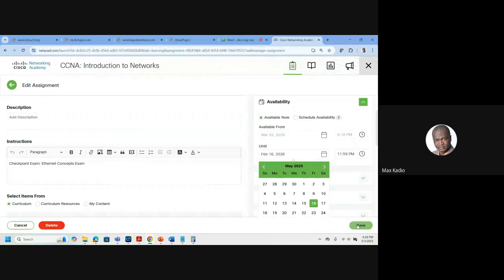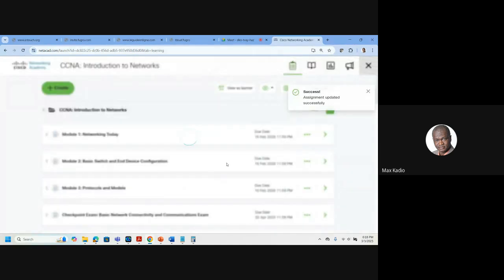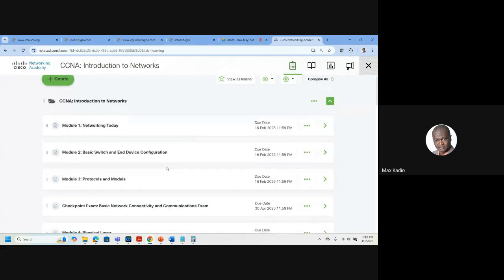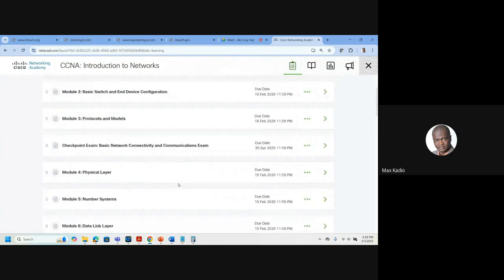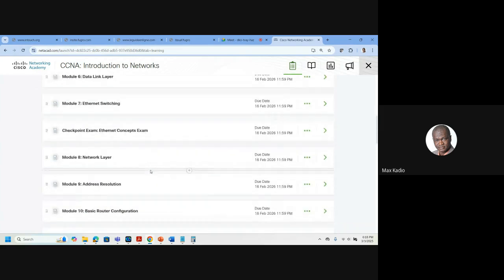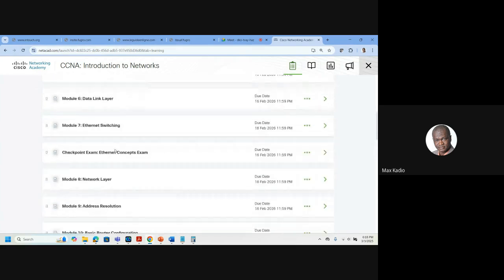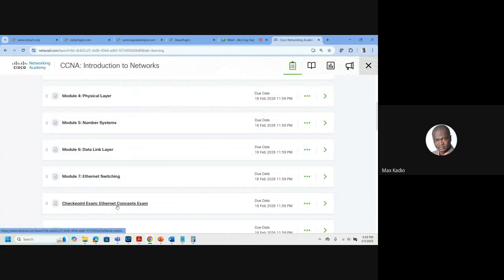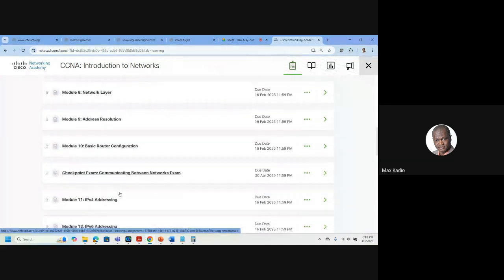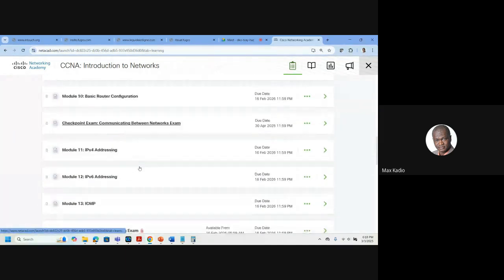So the first exam is activated. The second one, from chapter 4, 5, 6, 7, is also activated. And the third one is also activated.